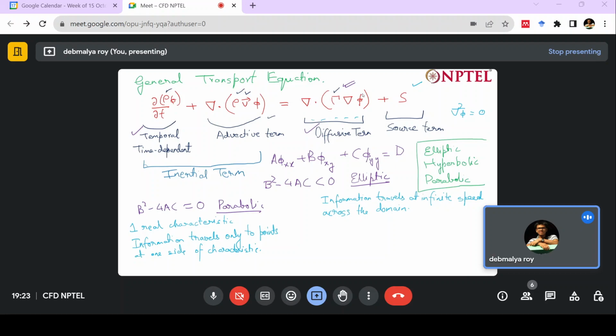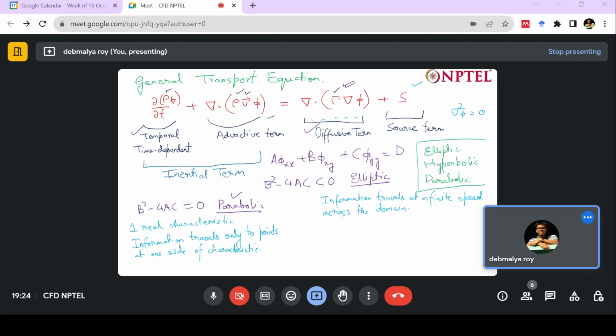After t equal to 0, all the other points where the time is positive will know that such a spike has taken place. Before t equal to 0, this information will not be there. So t equal to 0 is such a line which we will call a characteristic, which has divided the domain into two parts such that the information is not carried across the characteristic. So it stays at only one side of the characteristic.